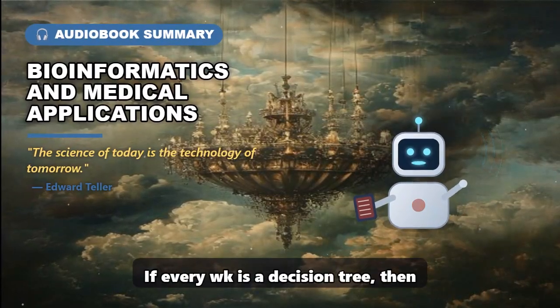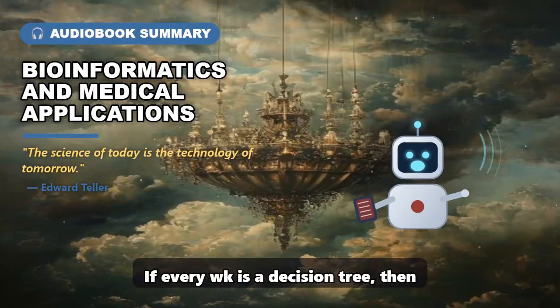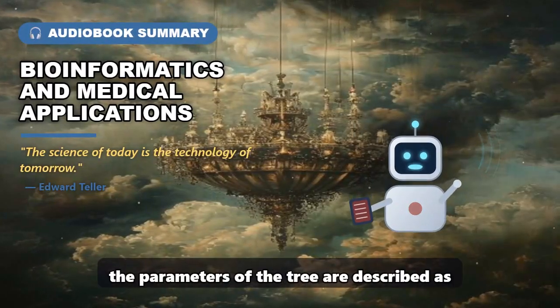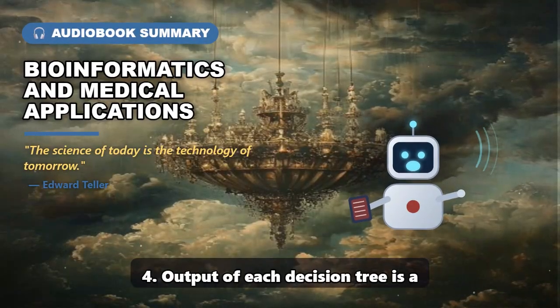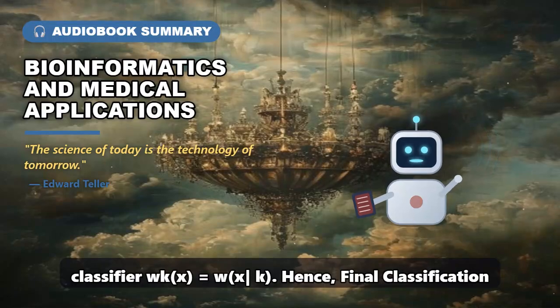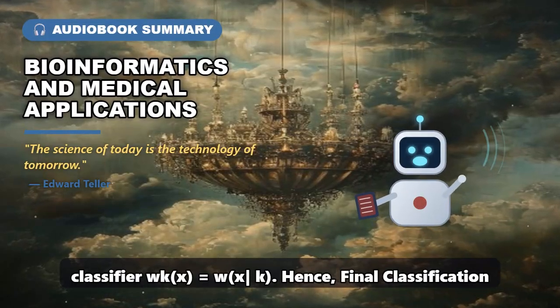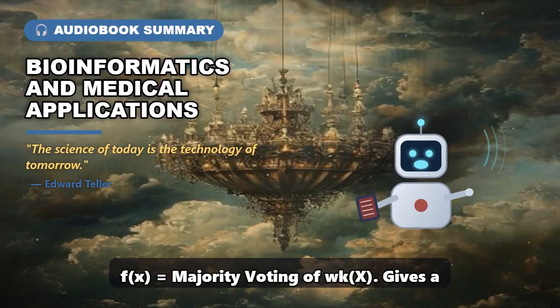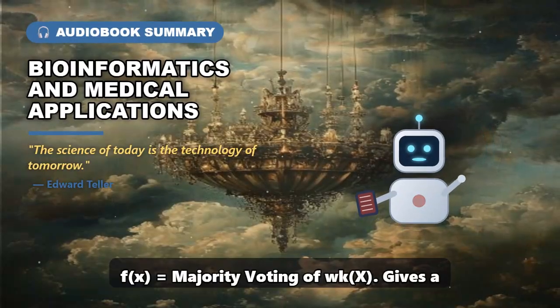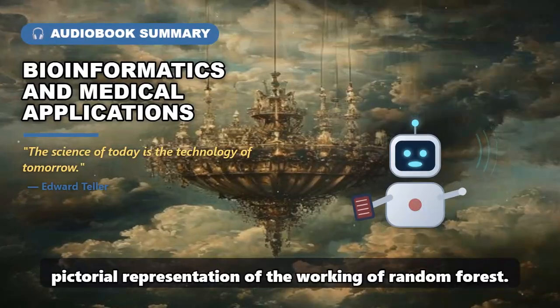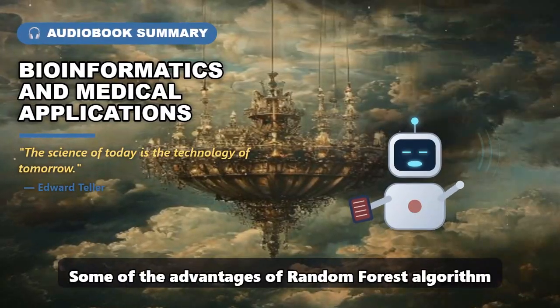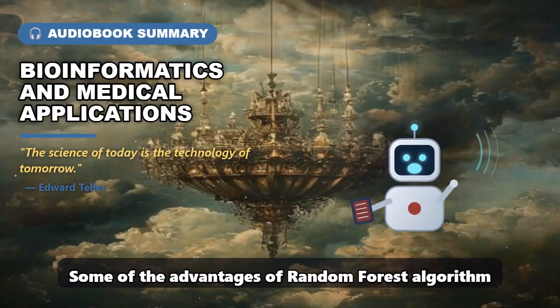If every wk is a decision tree, then the parameters of the tree are described as 4. Output of each decision tree is a classifier wk(x) equals w(x; θk). Hence, final classification f(x) equals majority voting of wk(x). This figure gives a pictorial representation of the working of random forest.